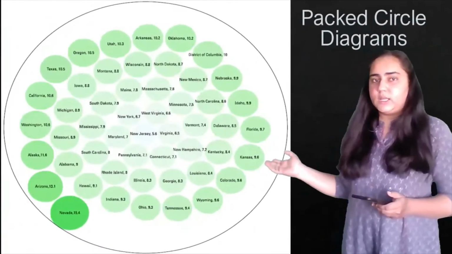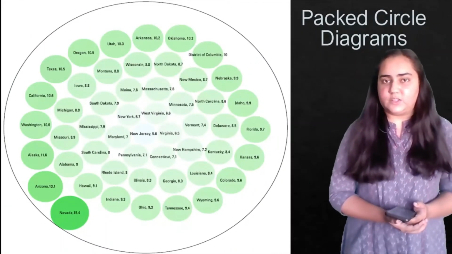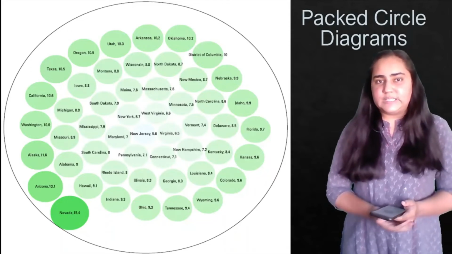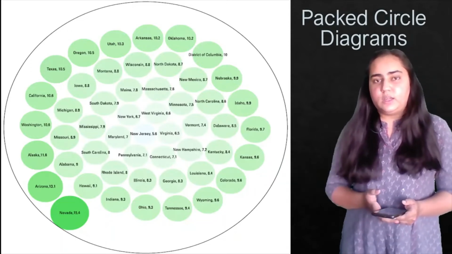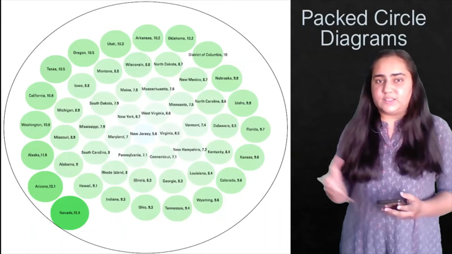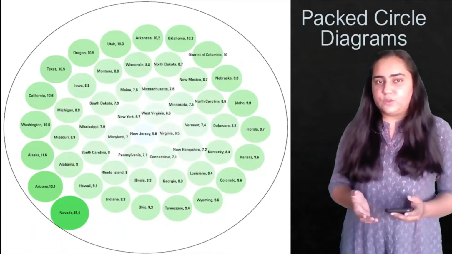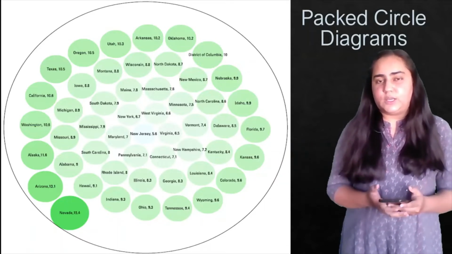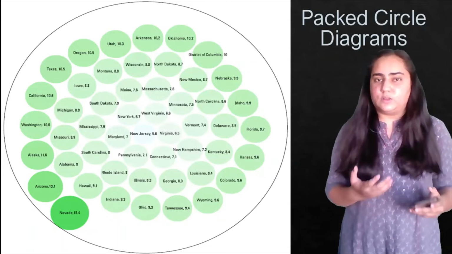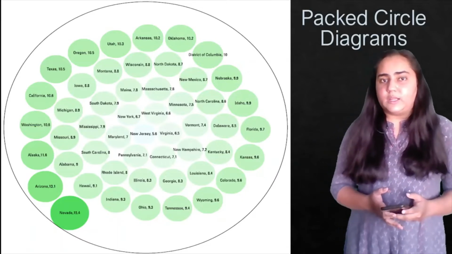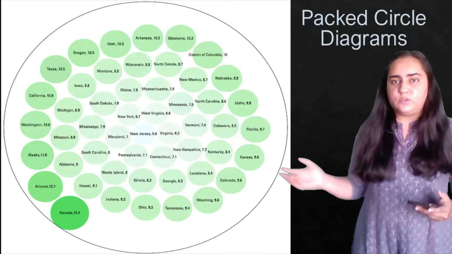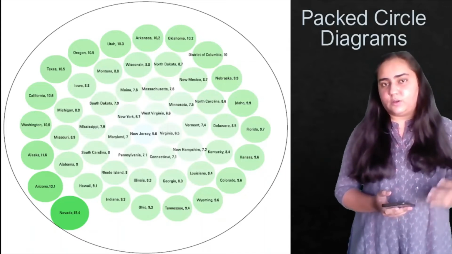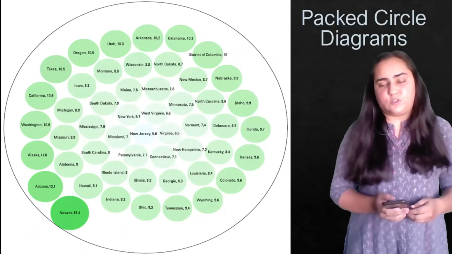This is an example of a packed circle diagram. You can see how the colors are different, as well as the size, and you can also notice how they are clustered together. Based on the cluster, you can also perform comparisons. You can pause here, zoom in, and take a closer look at what this is showing.